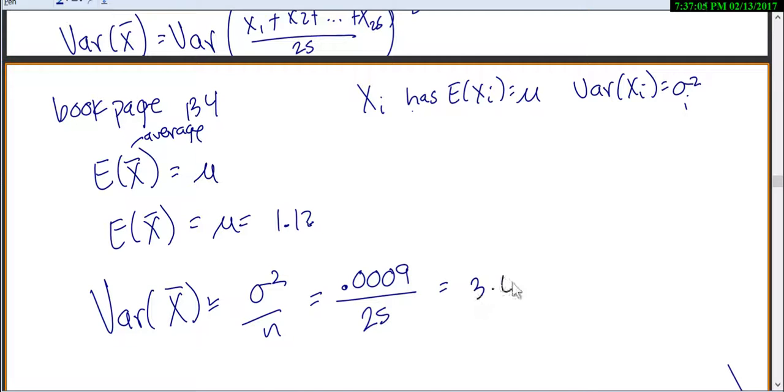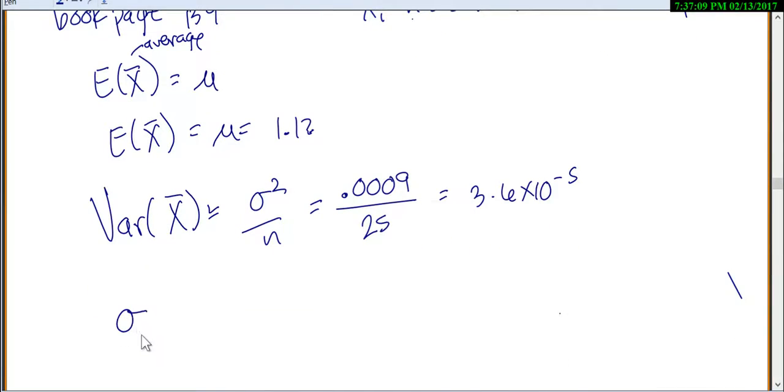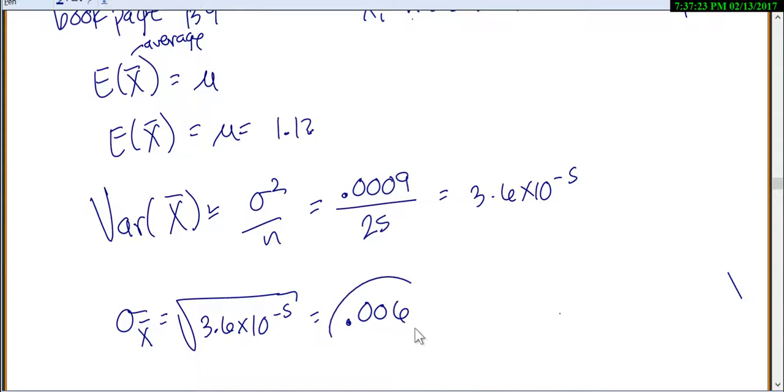So 3.6 times 10 to the negative 5. And the standard deviation of x bar would just be the square root of that. Which is 0.006. So that's what they had in mind for you to do on that problem.